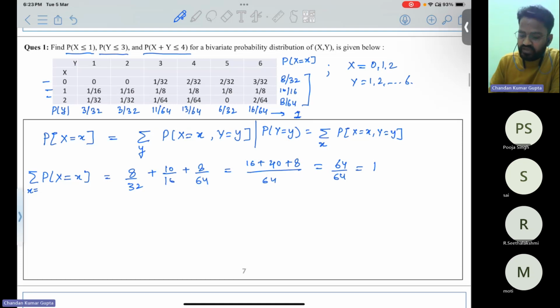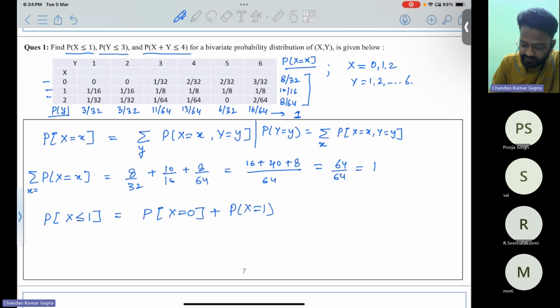Now we have the PMF of x and the PMF of y. PMF or PDF, both are the same thing, depending on the nature of the variable. The first one to calculate is the probability that x is less than or equal to 1. That means the probability that x equals 0 plus the probability that x equals 1. The probability that x equals 0 is 8 upon 32, plus the probability that x equals 1, which is 10 upon 16.